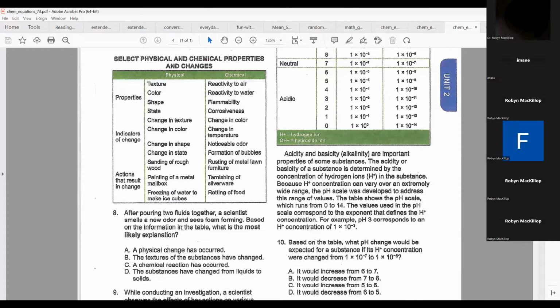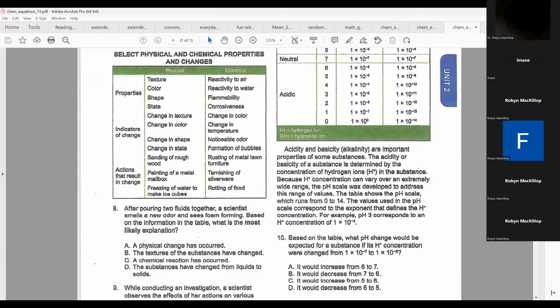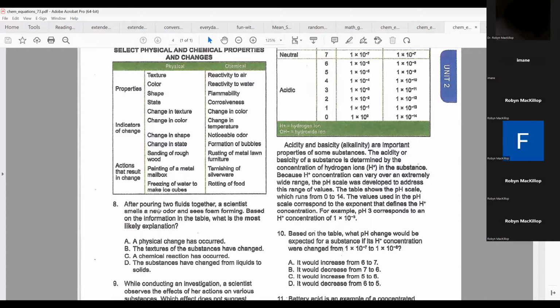All right, so looking at number 8, after pouring two fluids together, a scientist smells a new odor and sees foam forming. Based on the information in the table, what is the most likely explanation? So we're looking for something that has a new odor, a new smell, and foam. And what's another term for foam? Let's find the odor first. Do you see it in either of these columns?